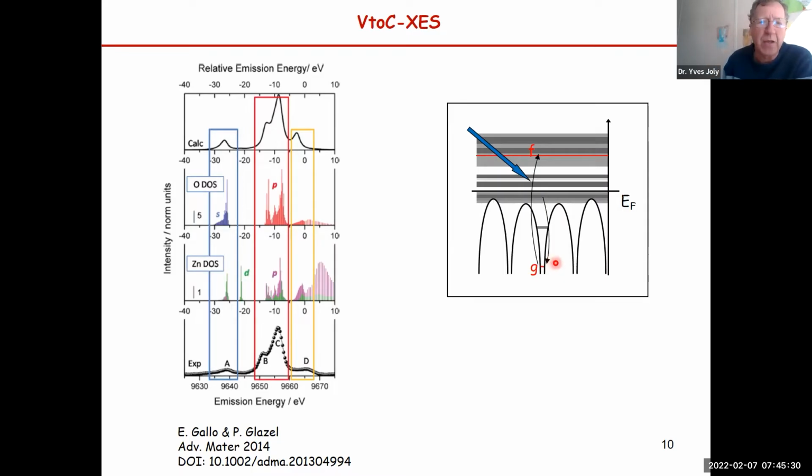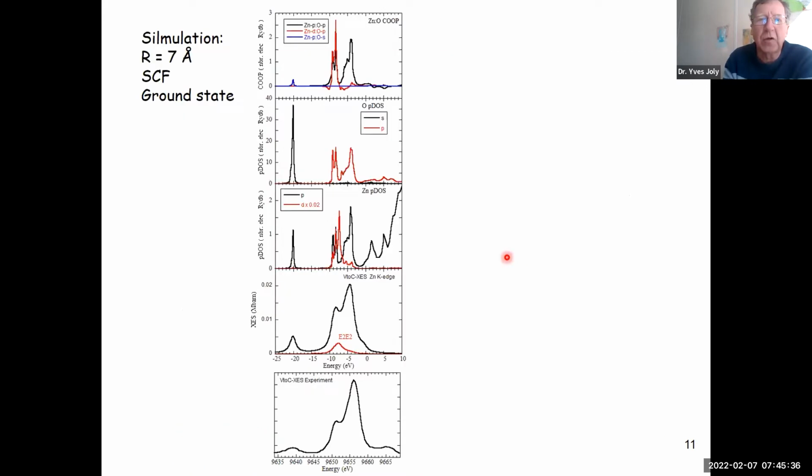And here, I want to mention that the code can also calculate the density of states projected on the atoms, and also the COOP, that is the crystal orbital overlap population.